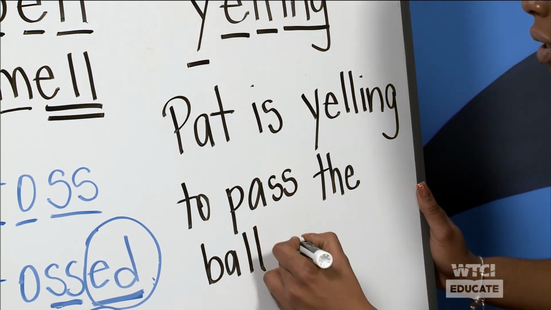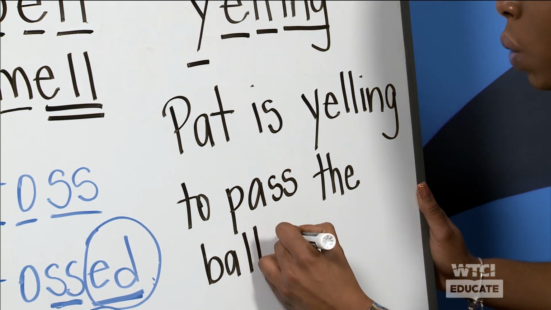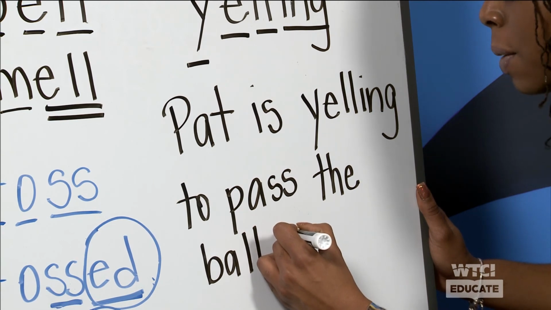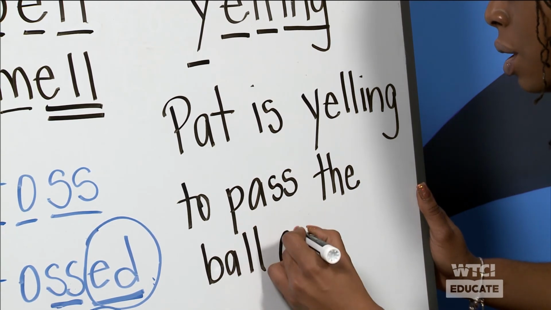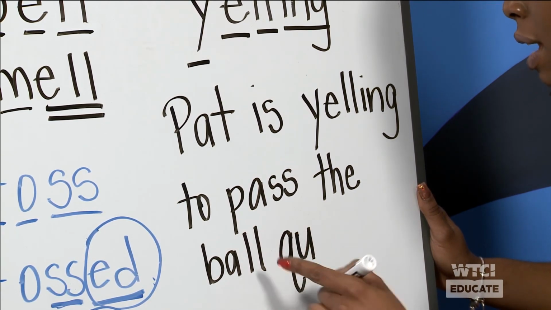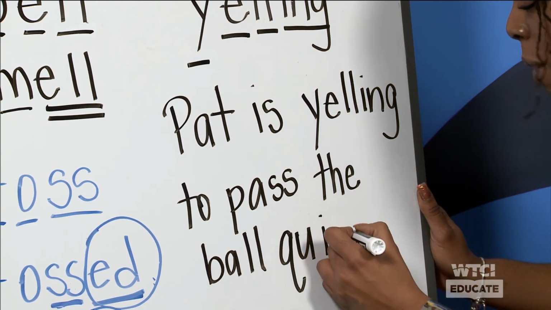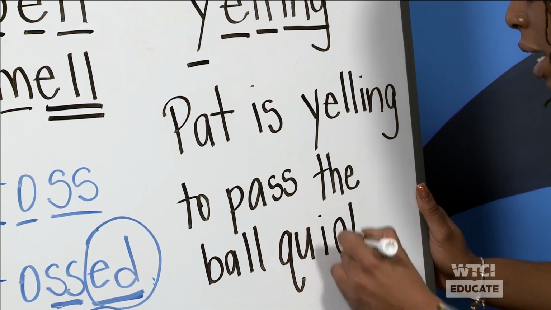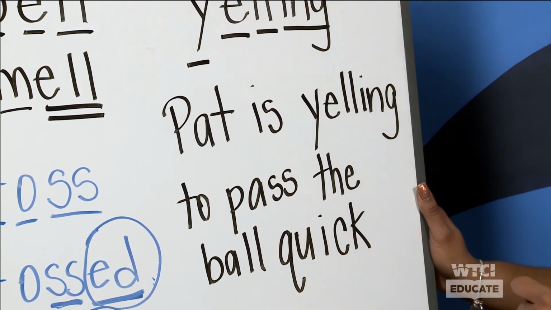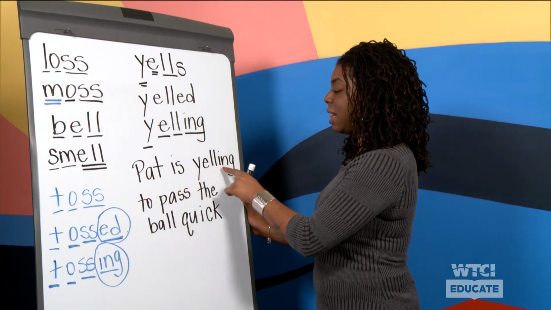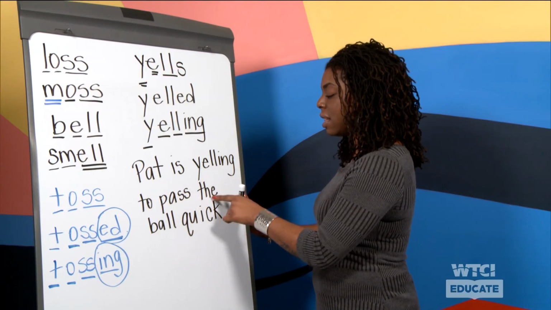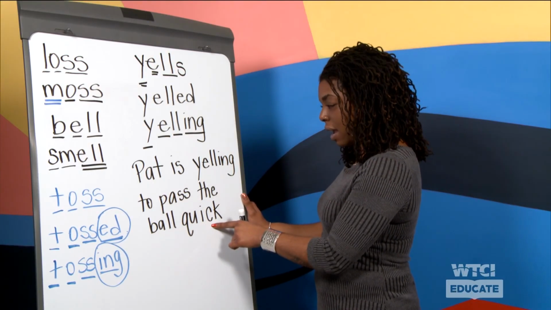Quick. I know that qu is represented by Q, U, and the K is represented by C-K. Pat is yelling to pass the ball quick.